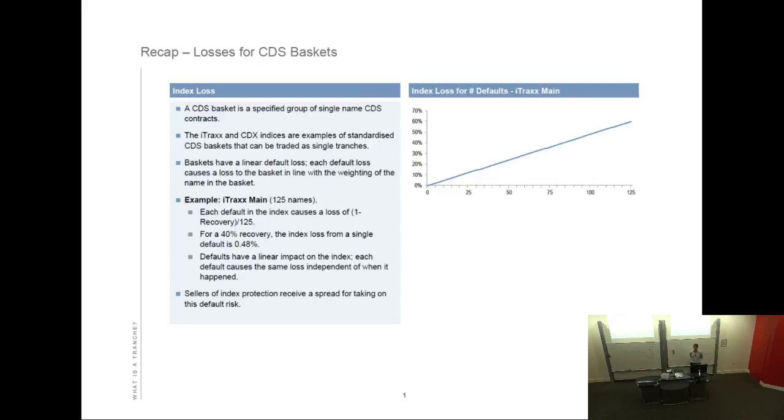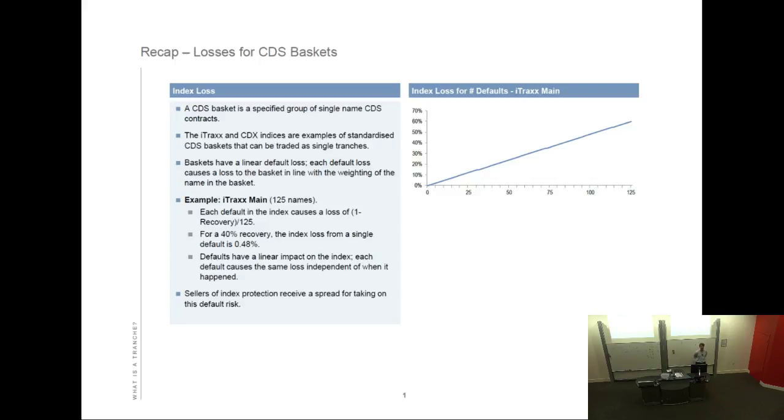Now with iTraxx Main, or the standard kind of baskets we trade in the indices, we know that every name in the basket has an equal weight, namely equal to 1 over the number of names in the basket. So for iTraxx Main, there are 125 names in the whole portfolio.